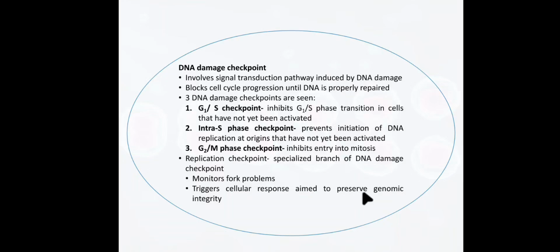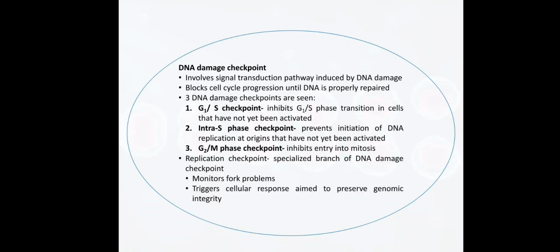So in today's class we will be learning about the DNA damage response signaling pathway. We know that the DNA damage checkpoint will block the cell cycle progression until the DNA is properly repaired. The cell undergoes different types of signaling pathways in response to DNA damage. So the cell will not leave this DNA damage response.